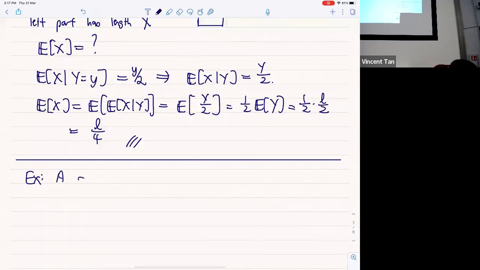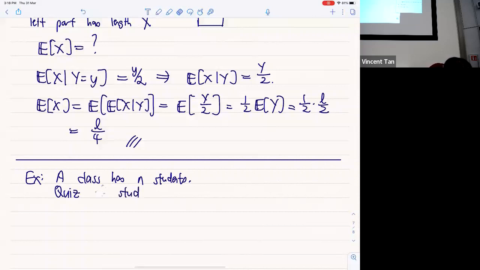So a class has n students. This book is very Americanized, so I'm going to make this example Singaporean.